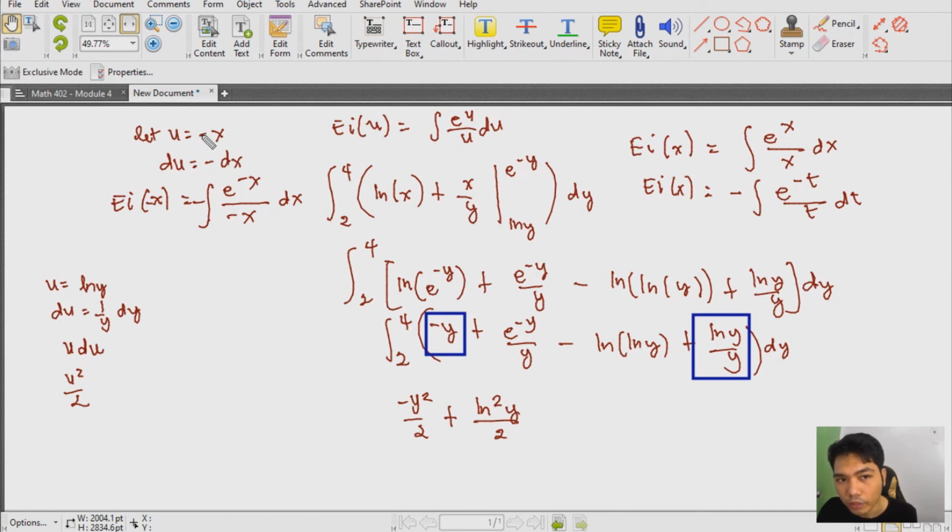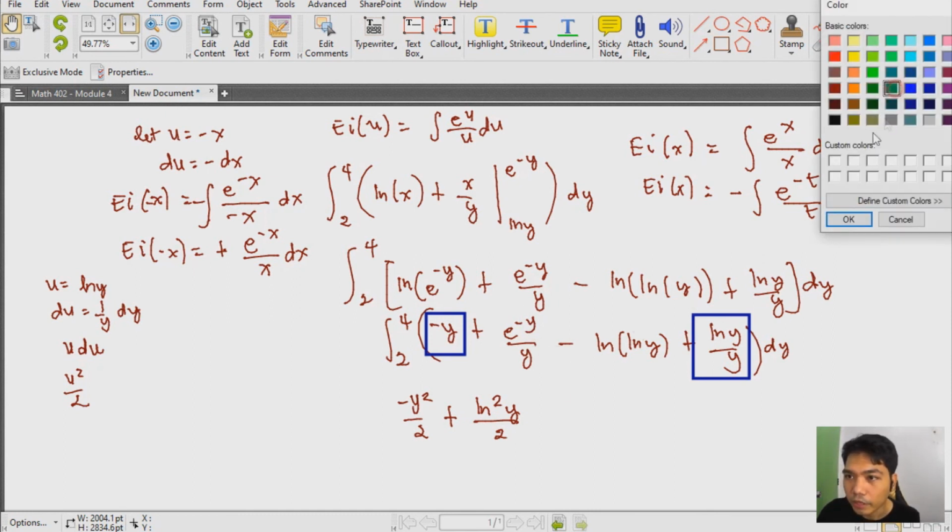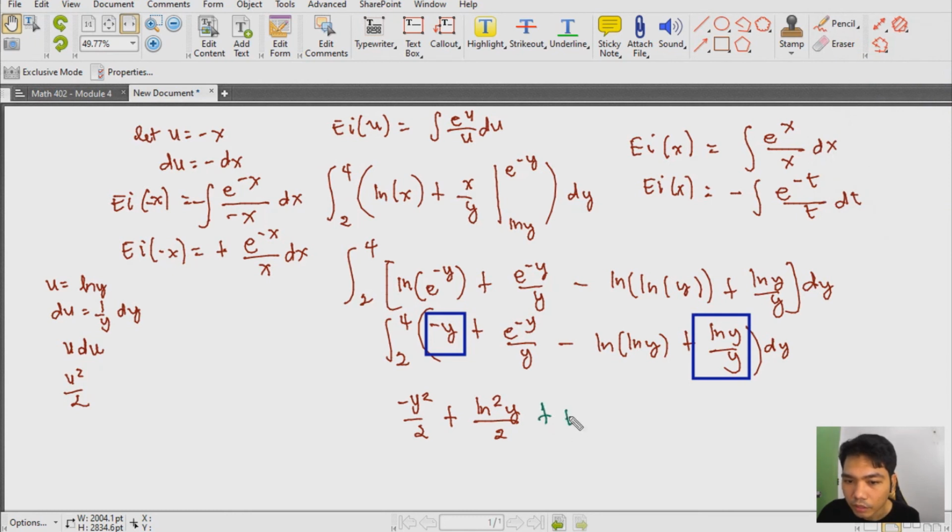Ei of u, so yun yung ating is negative x. So ei of negative x would be equal to positive e raised to negative x over x dx, which in this case is the exact replica of e raised to negative y over y dy. So therefore, the answer here becomes plus ei of negative y.